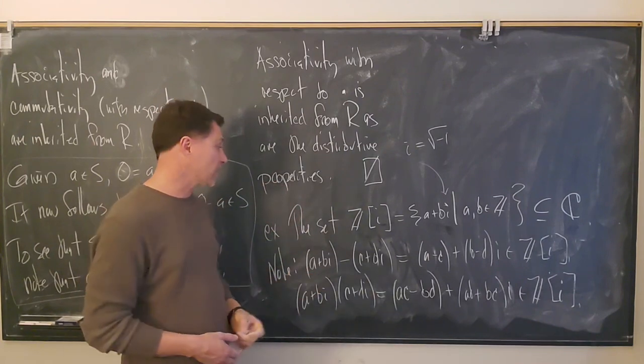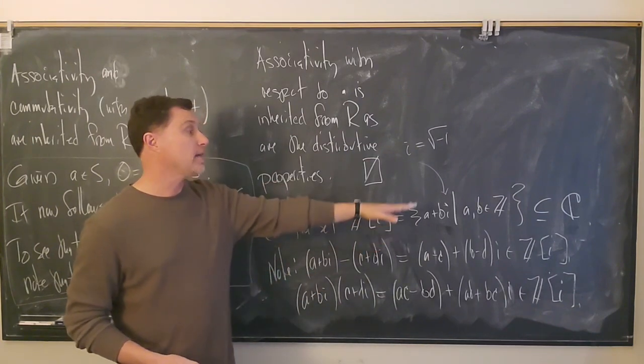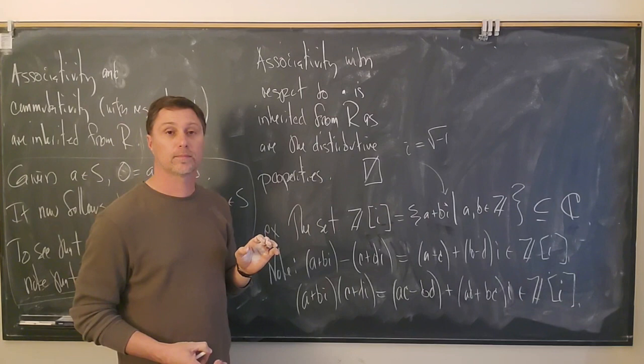By the subring test, we see that Z bracket I is a subring of C.